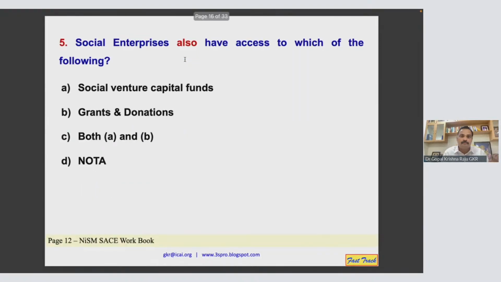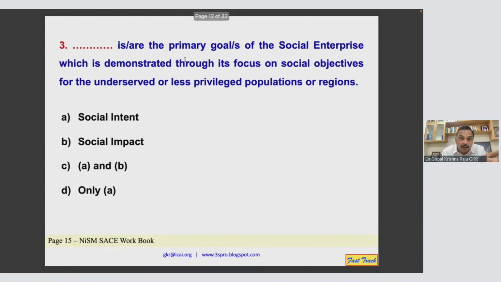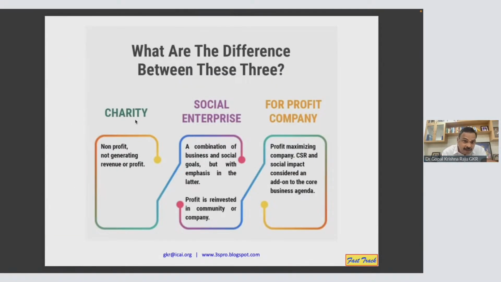Now, social enterprise also has access to, please understand, I already made this point. Charity means you get donation, you get grants. Profit organizations make surplus, and under the Companies Act, above profit of 5 crore, they are mandated to spend 2% or above on CSR.